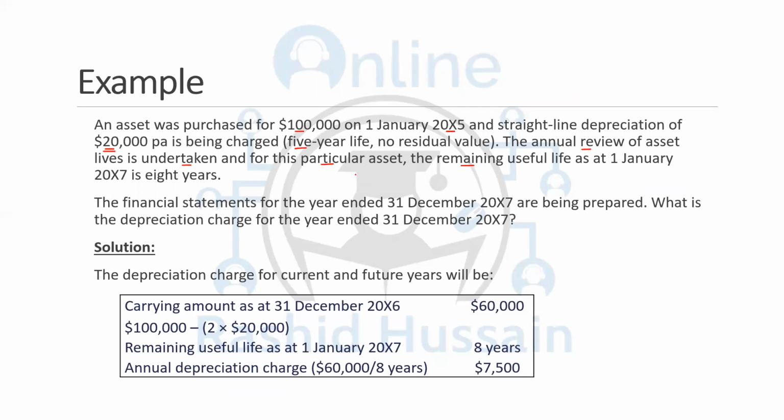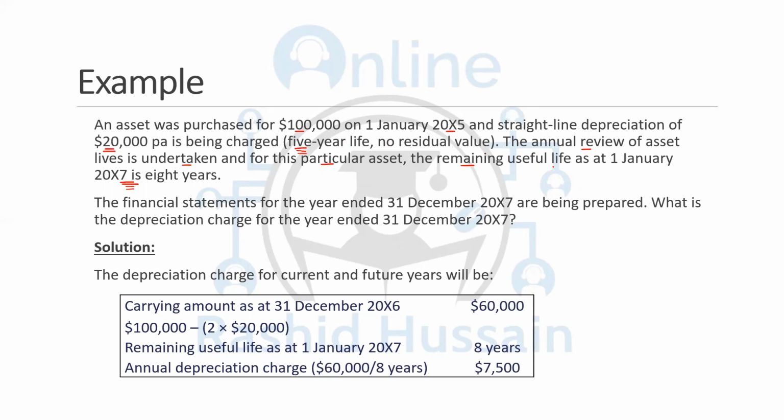The remaining useful life as at 1st January 20X7 is 8 years. Now at 1st January 20X7, they realized that the remaining life of the asset is 8 years. Initially, they expected it to be 5 years. So this was an accounting estimate, and later they realized that it should be more than that. So they can change their accounting estimate.